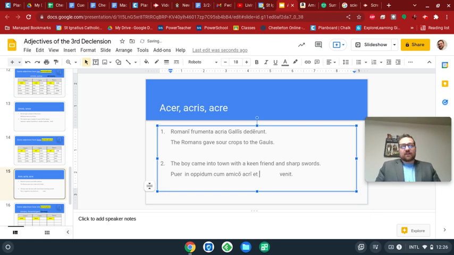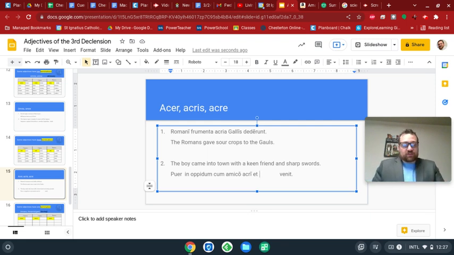Et. And then when we say sharp swords, we're going to still have them be ablative because this cum is still governing the sharp swords. With a keen friend and with sharp swords, so the with is working on both. It's making both ablative.